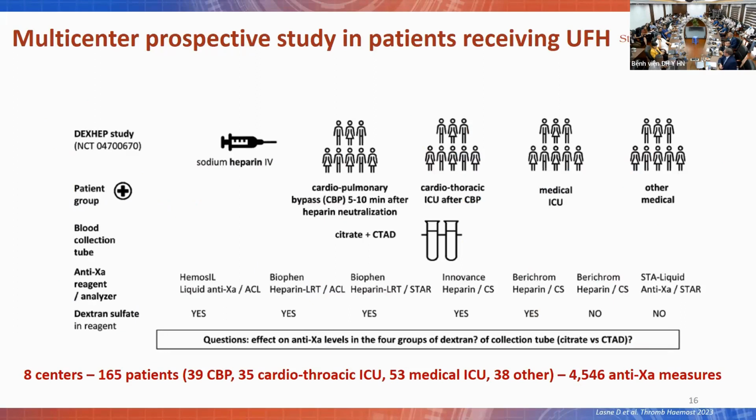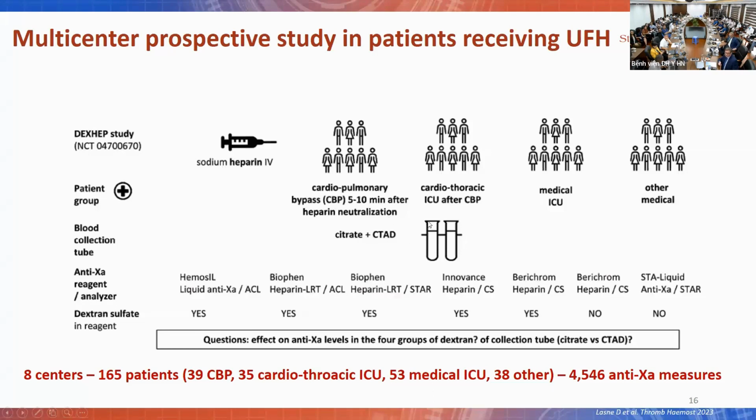So there is a very recent multicenter study that was conducted in 8 hospitals in France to try to understand the differences between the different reagents. This is a study that was conducted in patients of special interest. Those patients with cardiopulmonary bypass 5 to 10 minutes after heparin neutralization by protamine.